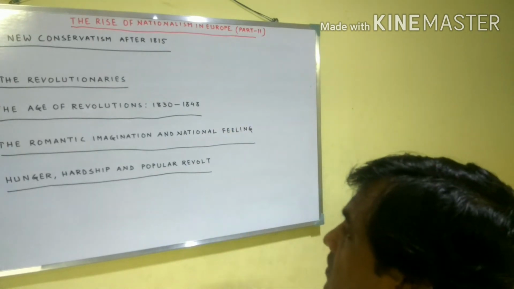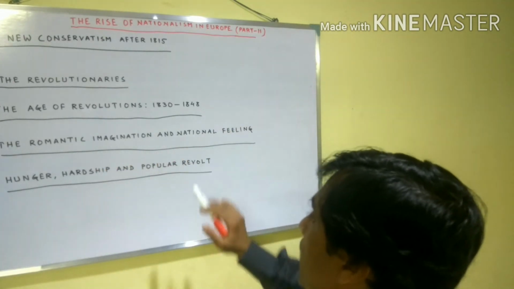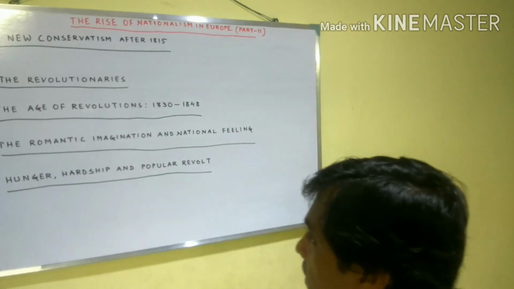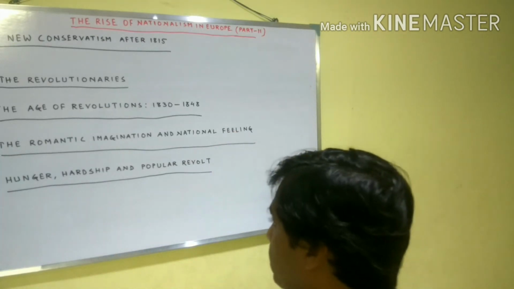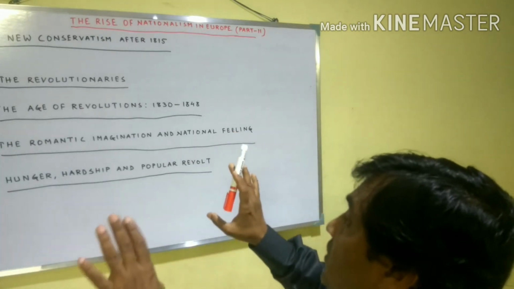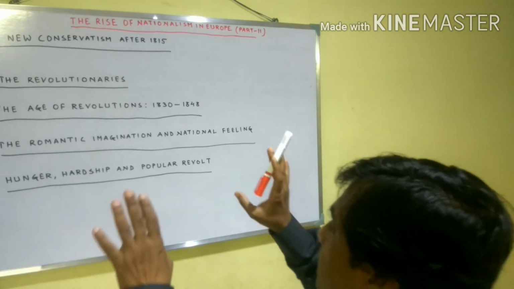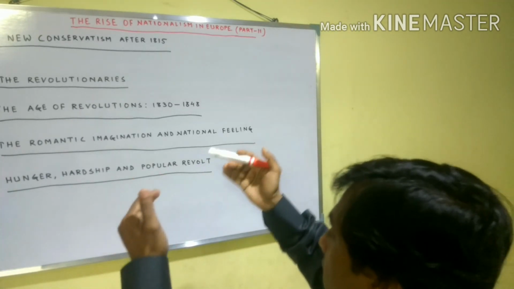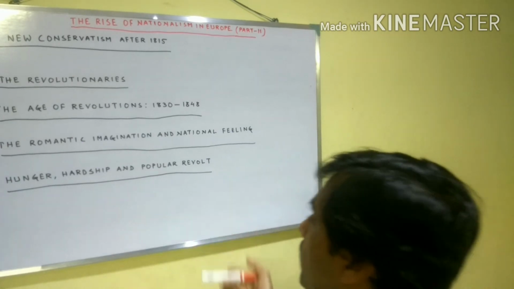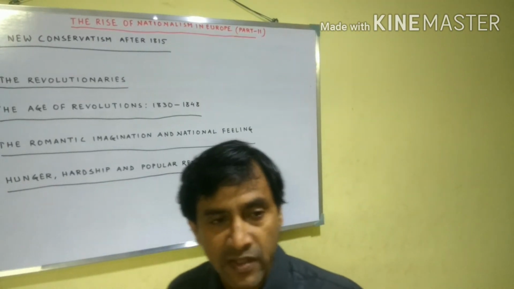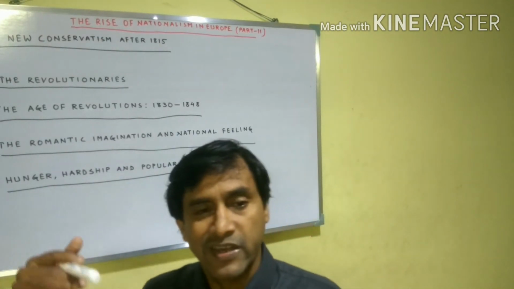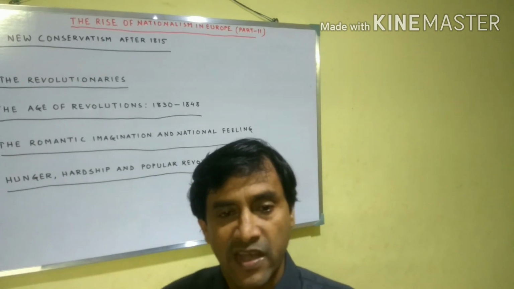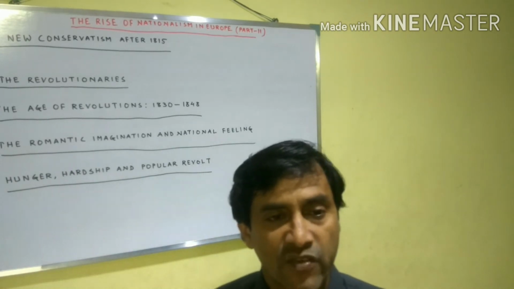Now, next is the age of revolution, 1830 to 1848. A series of revolutions started because of different secret societies, and their activities were aimed at getting back a democratic form of government. The period 1830 to 1848 is symbolized as the age of revolutions.